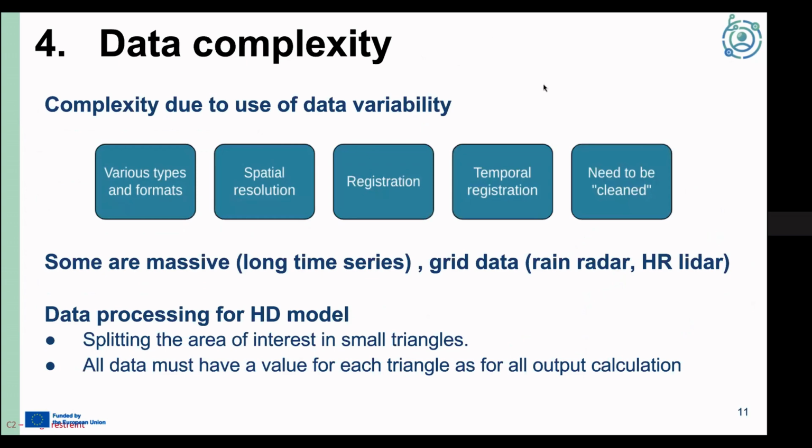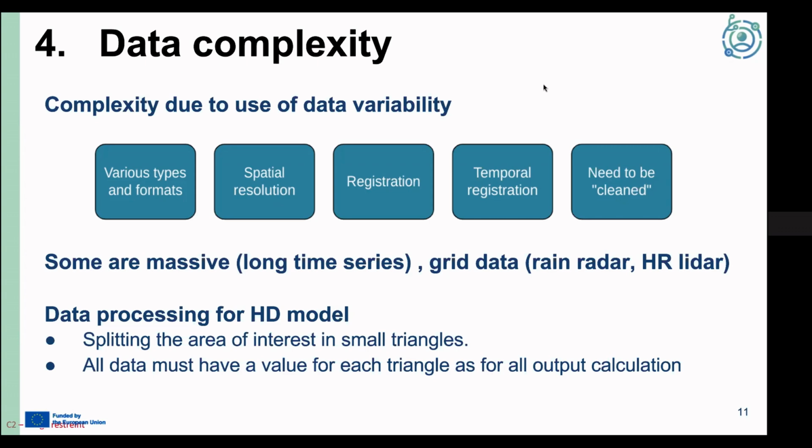For the hydrodynamic model, the setup is very complicated because we have a lot of data variability. We have various types and formats. I mean, in terms of format and type, but also we have raster, grid, or long temporal series. We have different spatial resolutions, so we have to be able to synchronize all these spatial resolutions because we cannot have data with a 1 meter resolution and another one with 5 meter resolution.